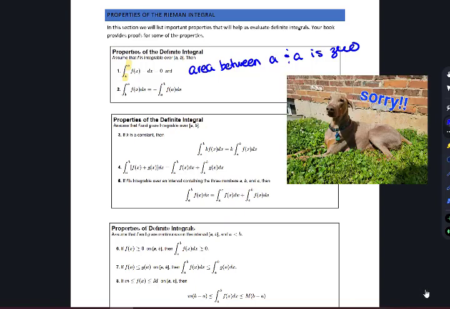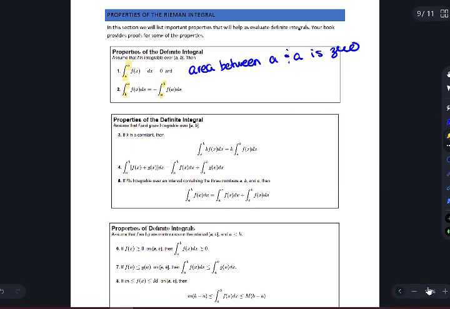The next one, notice we have an integral from b to a, but we're going to switch that to from a to b. If we're going to do that, we need to place a negative sign in front of it. The reason for this is we're reversing the direction of the integration, and if we reverse the direction of the integration, it's going to become negative.